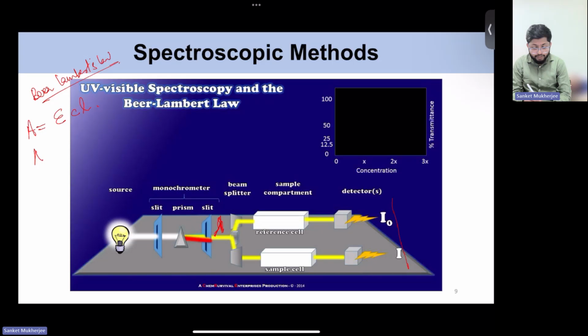So absorbance is directly proportional to the length of the cuvette which you will use, and it will also be proportional to the concentration.